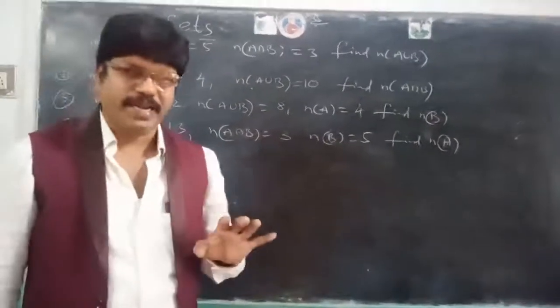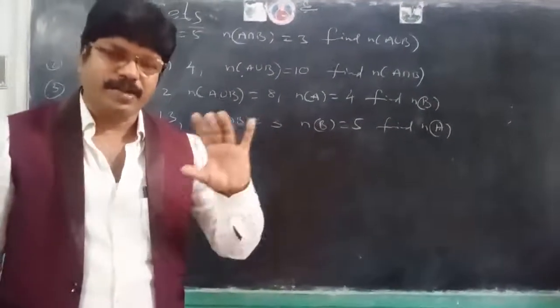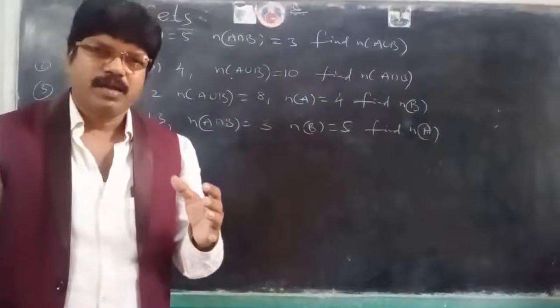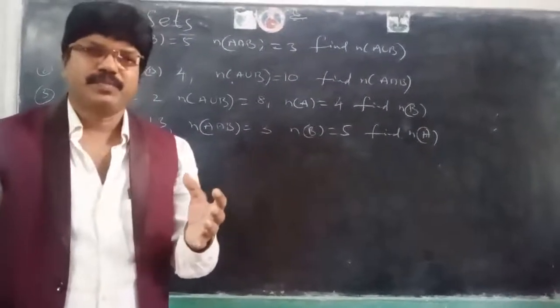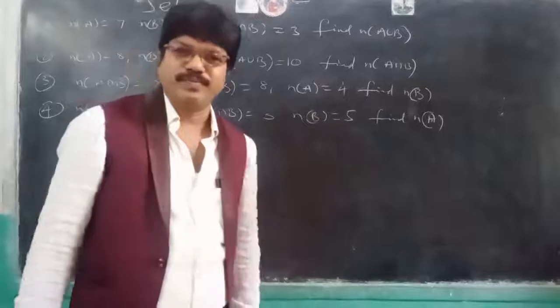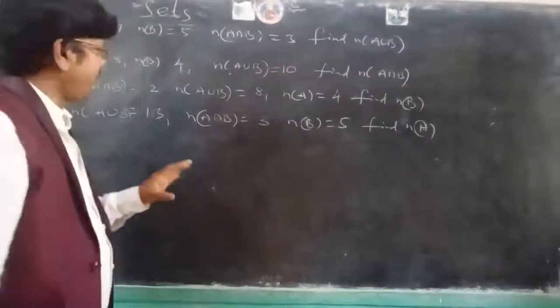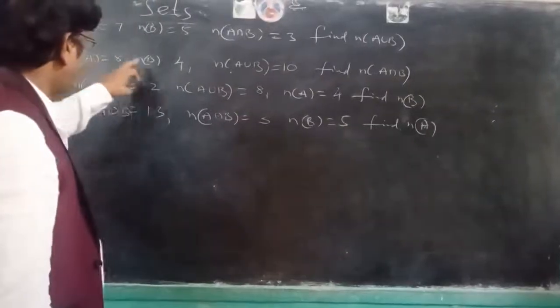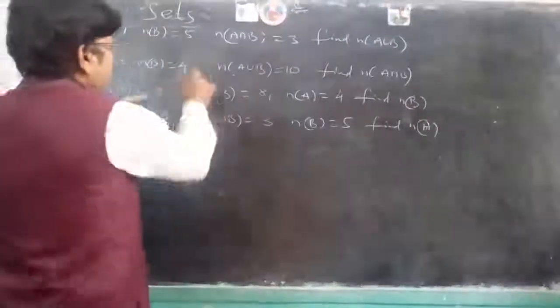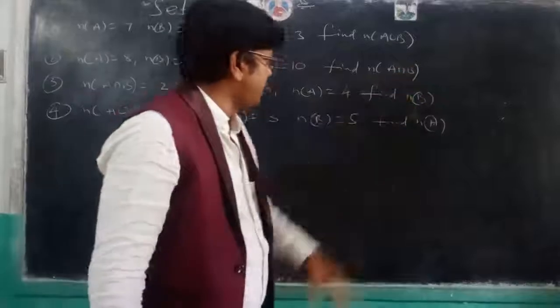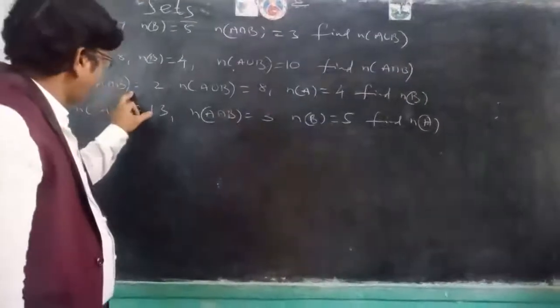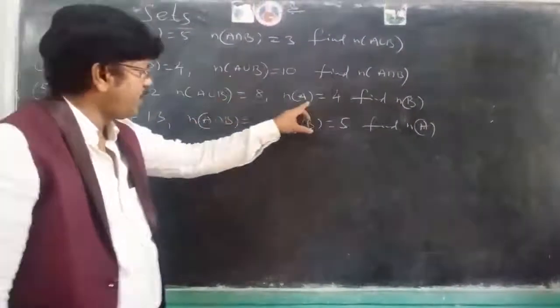From these 4 variants, if any 3 are given, we will find out the 4th one. Any 3 are given. Here N of A given, N of B, N of A union B given. Find N of A intersection B. Here N of A intersection B given, N of A union B given, N of A given.